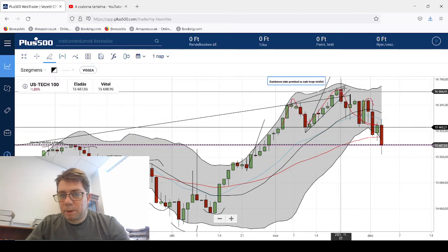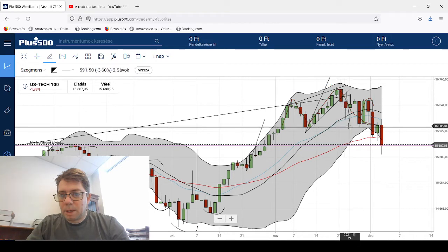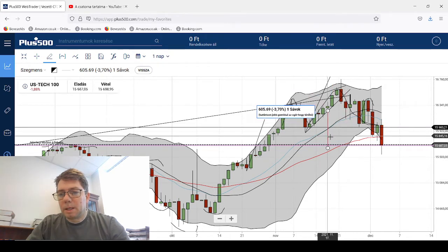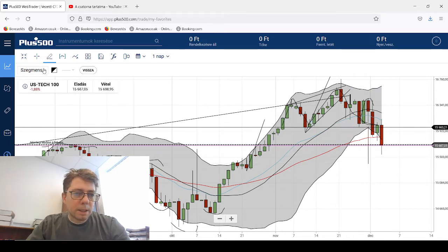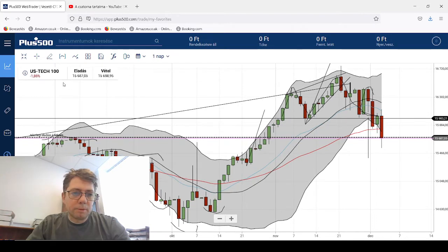It may have already played out. Let's just measure the bodies of the candles, from the top to the bottom, and then put it over to the neckline. It hasn't played out yet, so we need to be prepared that we may have some further moves to the downside.